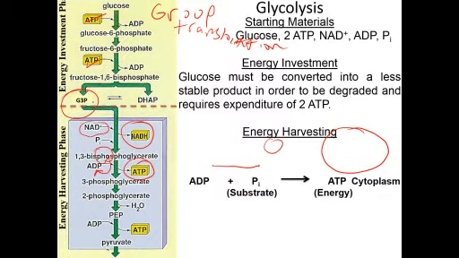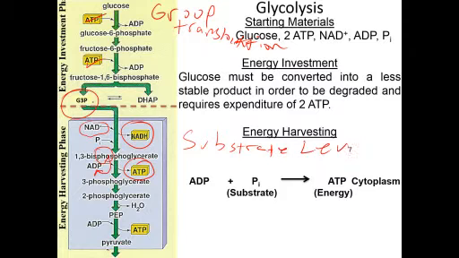Alright, so this particular method of producing ATP, which we'll talk about in the next slide, is called substrate level phosphorylation.